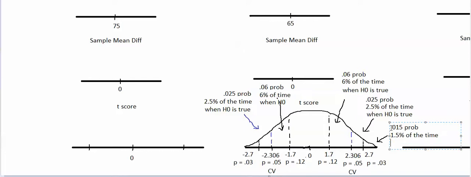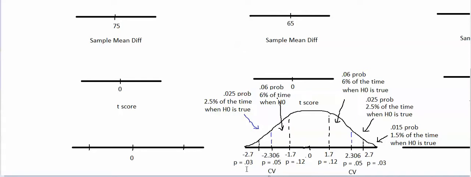But we have to say when H0 is true. So the t-score will reach 2.7 or higher 1.5% of the time when H0 is true, meaning it has a 0.015 probability of reaching this small tail when H0 is true, and it'll land in this small tail 1.5% of the time when H0 is true.